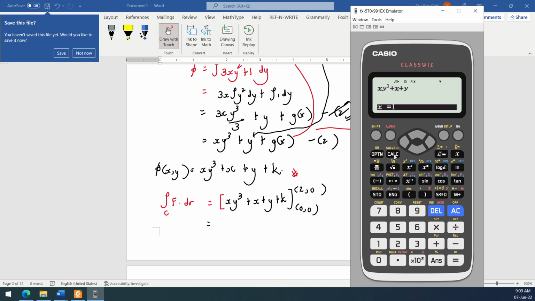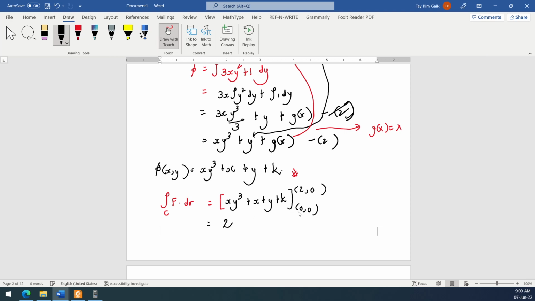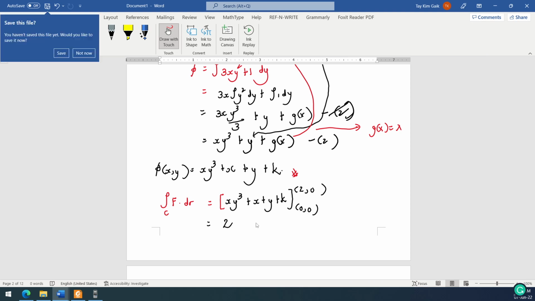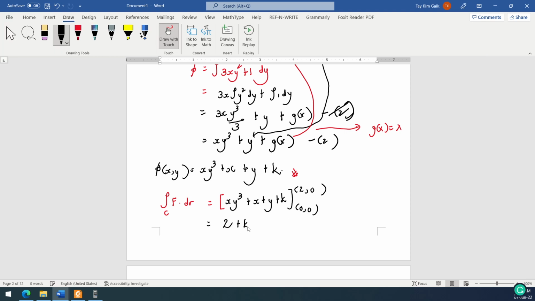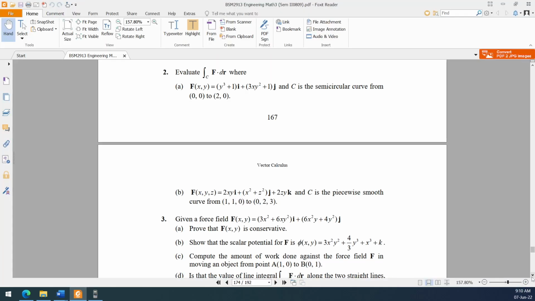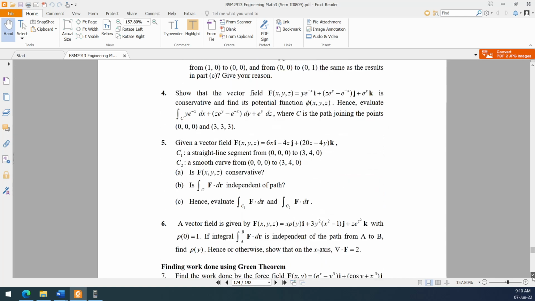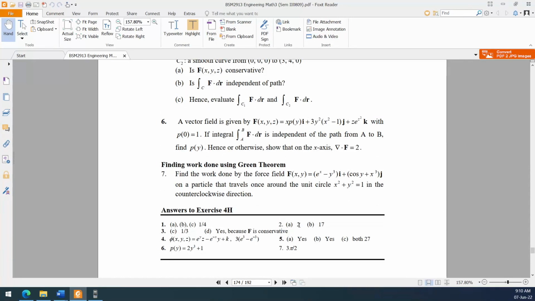I calculate the upper limit: x is 2, y is 0, and your answer is 2. Then you plug in 0: x is 0, y is 0, everything is 0. Actually you get 2 plus k minus 0 plus k, and we obtain the answer 2. Let's check question 2a. The answer is 2.